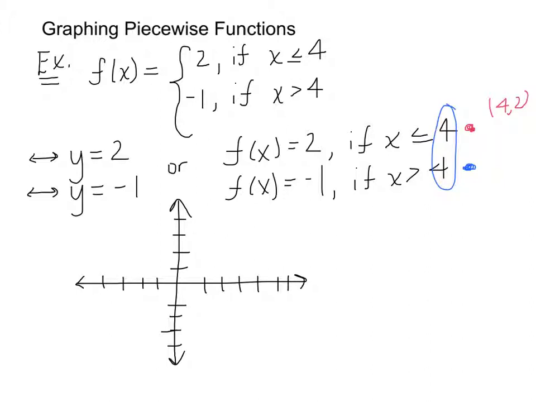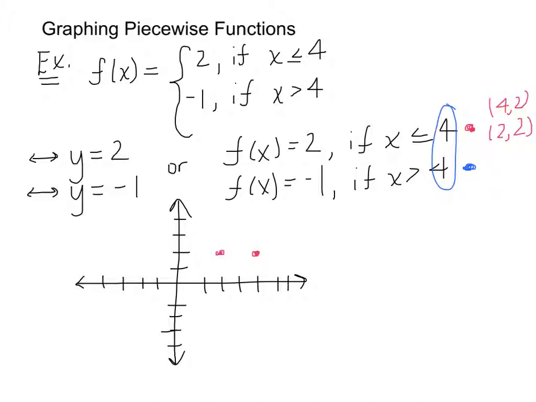4 is included, so I'm going to use a closed circle. Then remember, you need at least 2 points to make a line. I need another x value that falls in this domain. Well, I know it has to be smaller than 4, so you pick anything. I'll pick 2. And what do we say? Our y values are always 2. So 2 is included, so I have to have a closed circle.